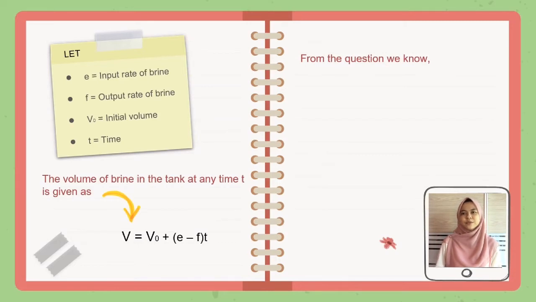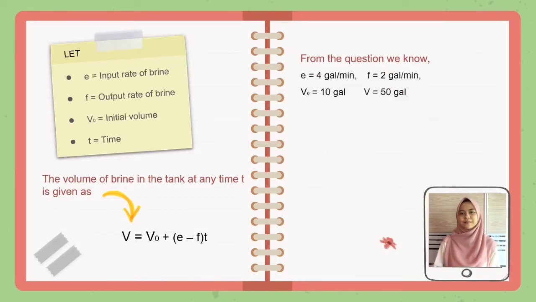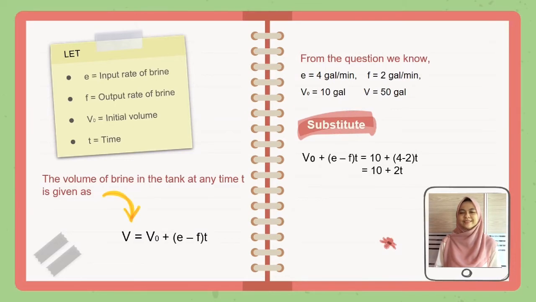So, from the question, we know E is equal to 4 gal per minute, F equal to 2 gal per minute, V naught equal to 10 gal, and V equal to 50 gal. Then, we can substitute into the formula and we get 10 plus 2t.